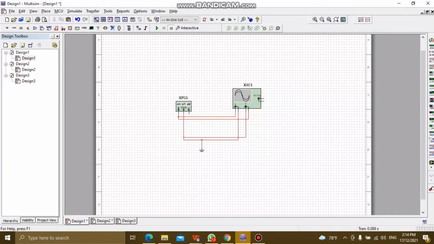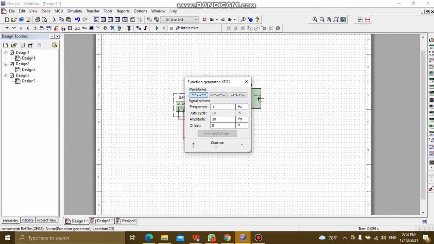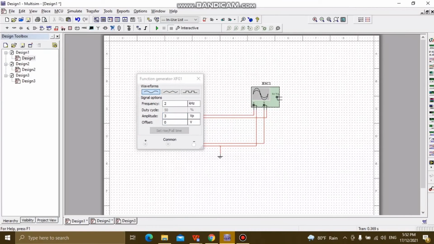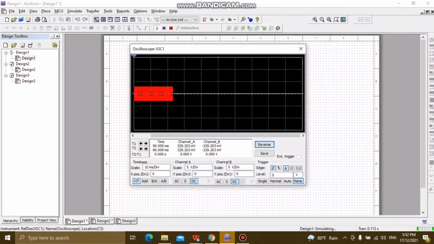For the first one, we need to find the period for 2 kHz. So we must change the frequency to 2 kHz, amplitude 3 for part A. Now we can run, and don't forget to change the coupling to AC.